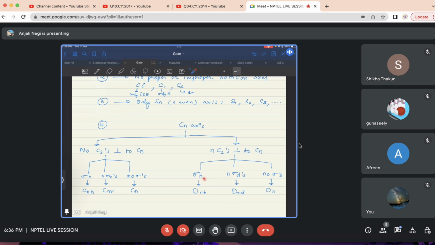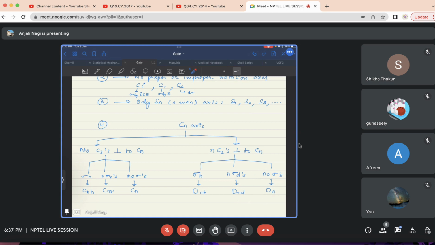If that plane is absent, then if another plane is present, which is sigma v, we can just write it down as sigma d, and it will belong to the Dnd point group. Other than that, if there is no sigma or mirror planes present, then it will belong to the point group Dn, only Dn.